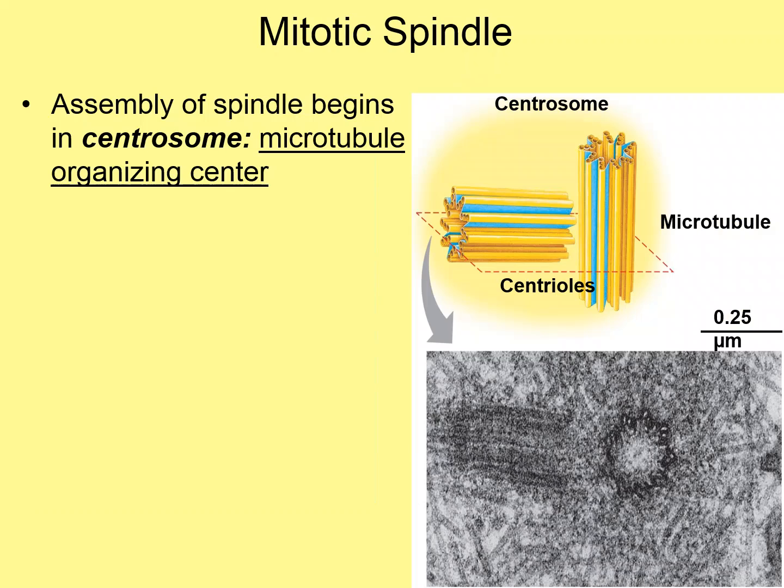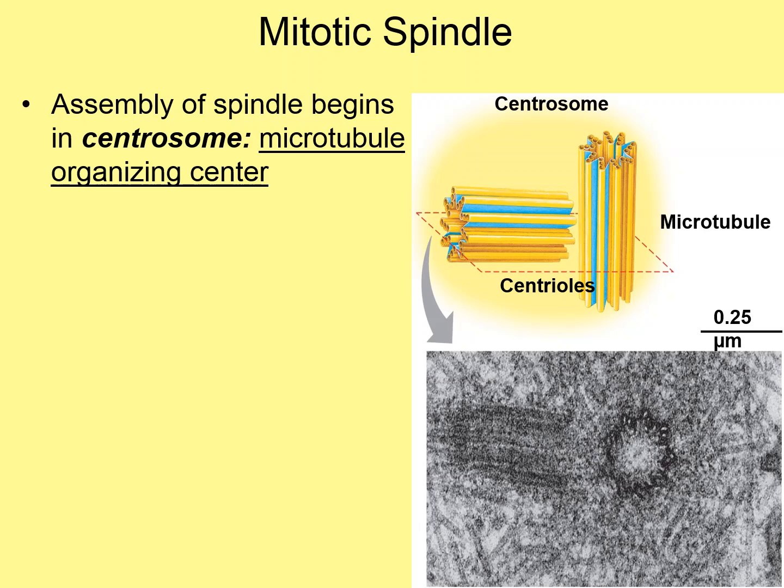Okay, so refer to the spindle as this kind of football-shaped object, I guess, that's part of the mitosis process and certainly part of the cytokinesis process. So the spindle is made up of a number of different parts.